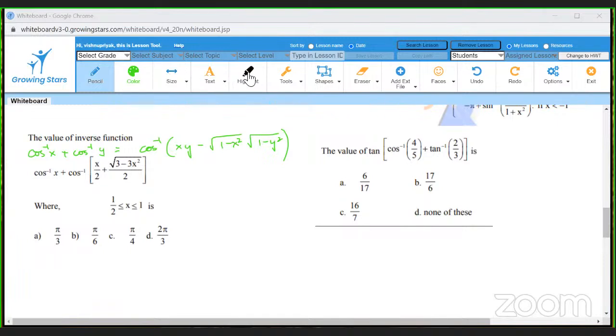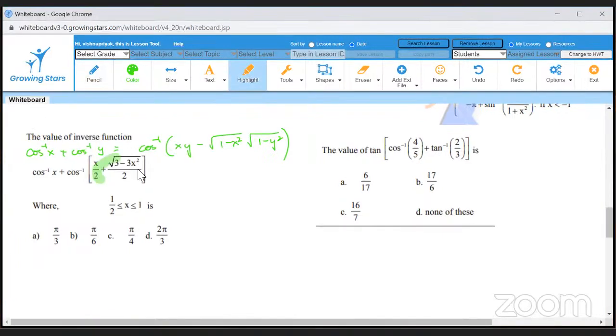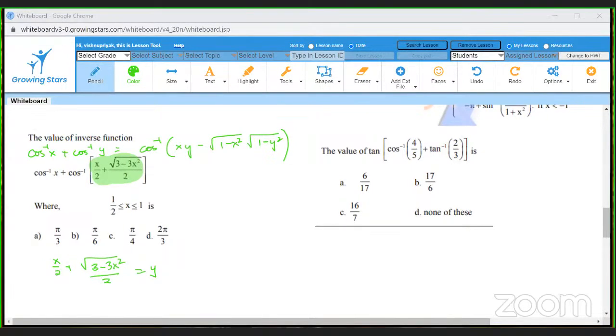So what we will do is, we will take this entire thing as y. So I will put x by 2 plus square root of 3 minus 3x square by 2 as y. I will think it as y. So if I think it as y, still it is difficult because it's a very big thing to solve.